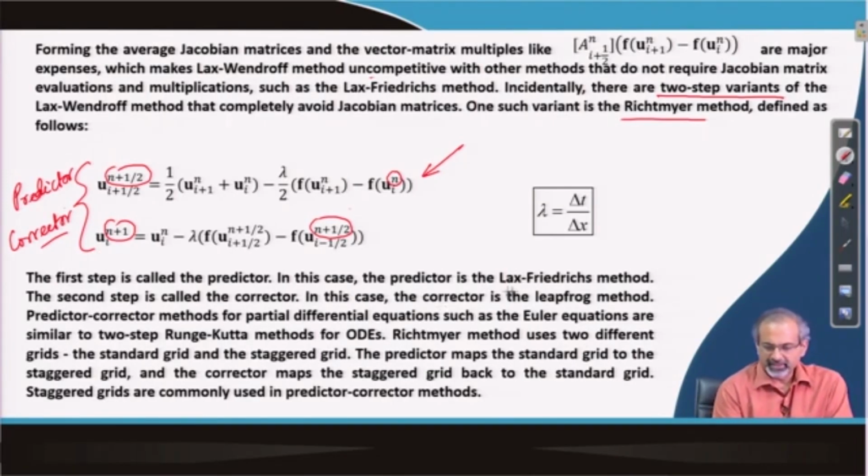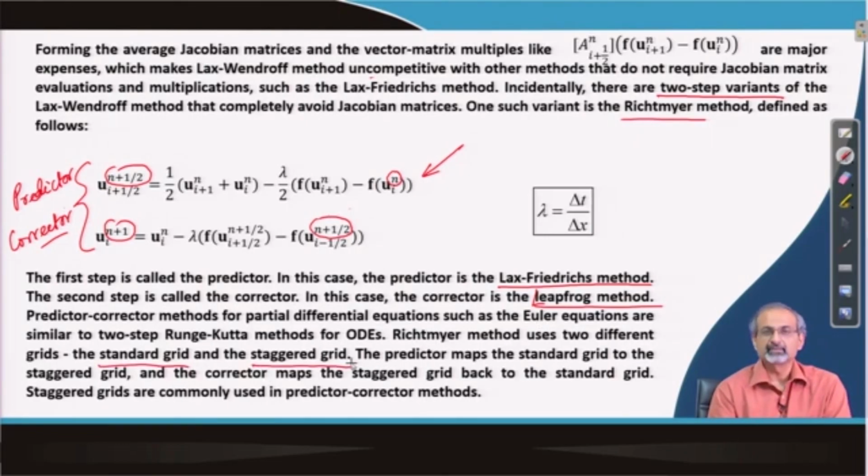So, in the first predictor step, as you can see, it is a Lax-Friedrichs method which has been applied, and in the corrector step it is the leapfrog method which has been applied. This is somewhat analogous to the two-step Runge-Kutta type of methods which we are aware of in the context of solving ordinary differential equations. And even in the case of the Richtmyer method, you can see that there are two grids which have been used. One is the standard grid, the other is the staggered grid.